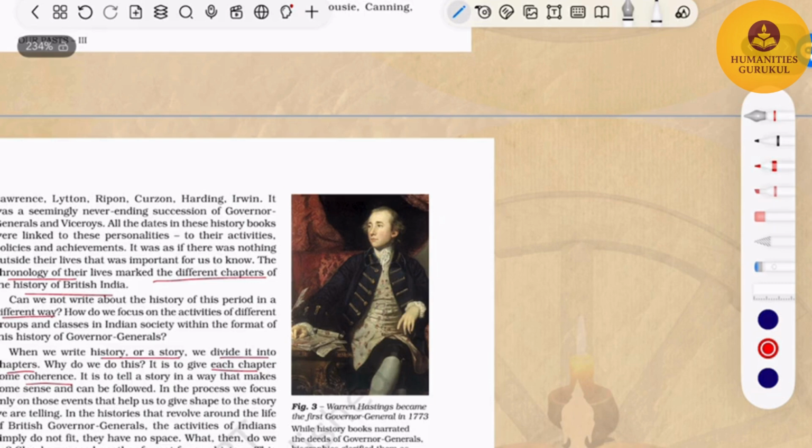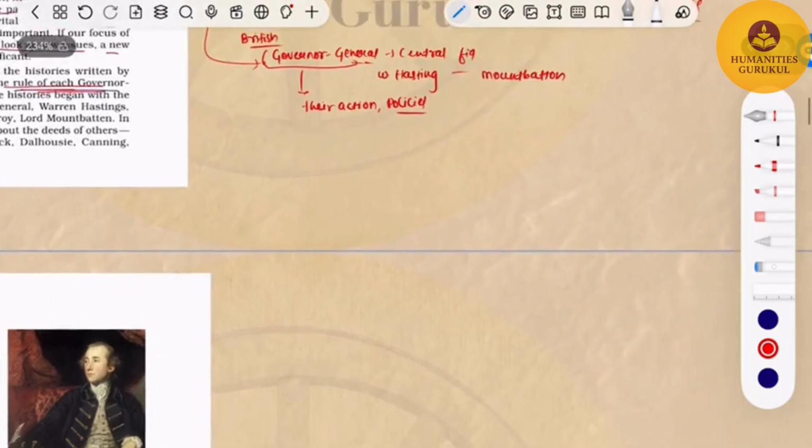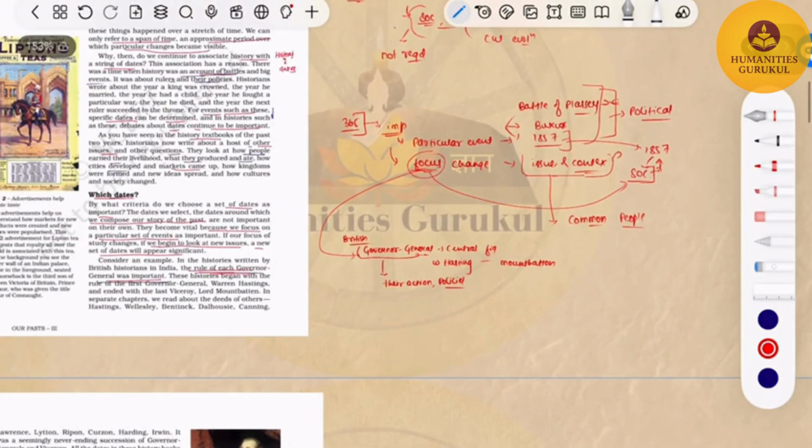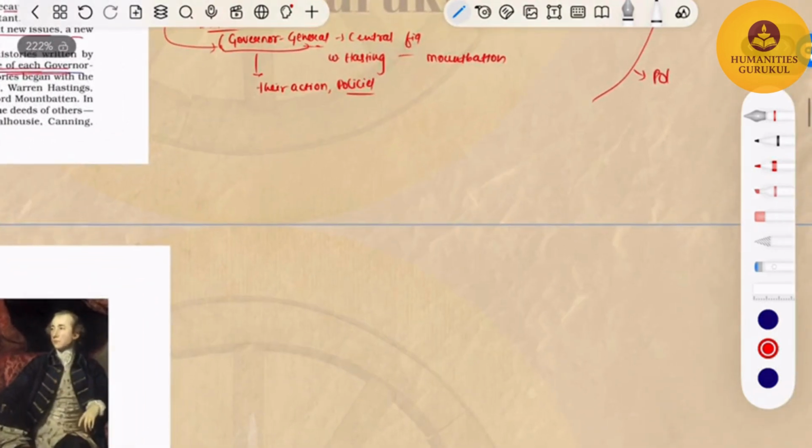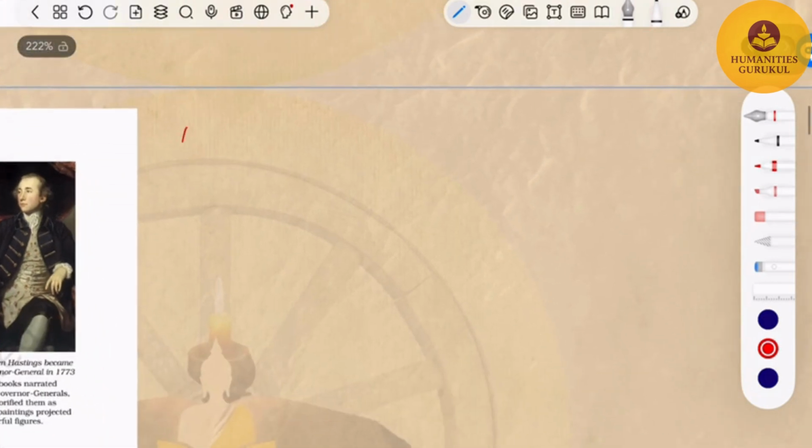Now, all of this is somewhat politically influenced. But if you are targeting this topic, then the issue of common people is somewhat subjugated. So then we will go with alternate historical narratives.